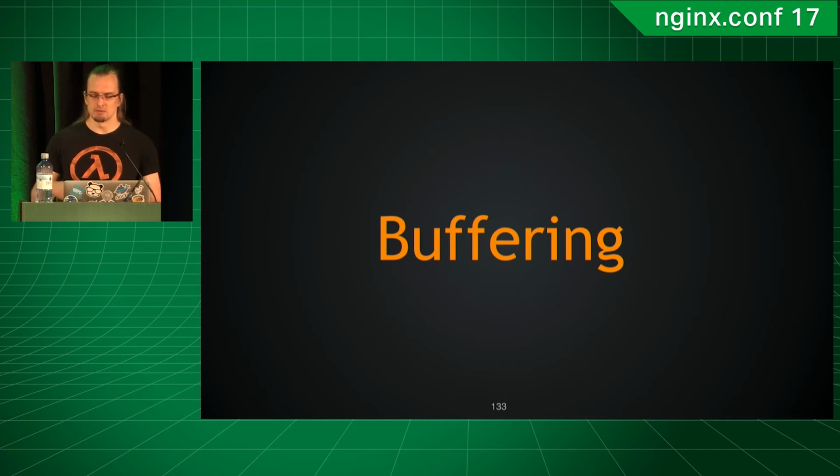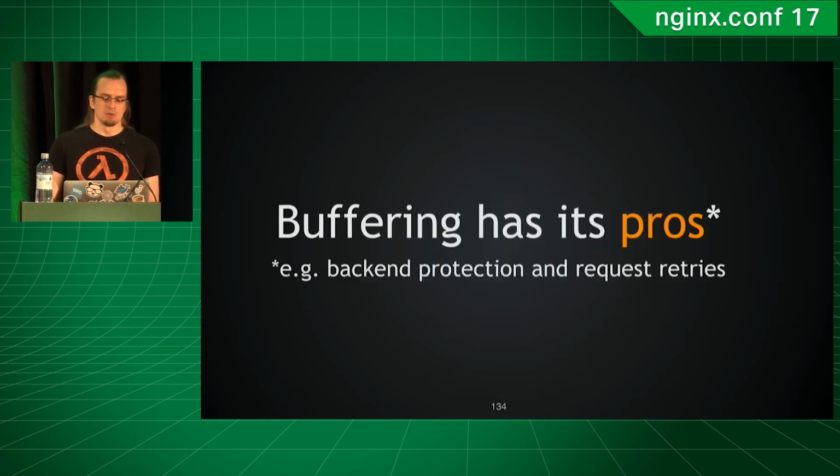Buffering. There is lots and lots of buffering along the way, from your application through NGINX to the user, starting from socket buffers to library buffers like gzip or TLS. But here we'll only discuss NGINX internal buffers, not library ones or socket ones. So buffering inside NGINX has its pros.